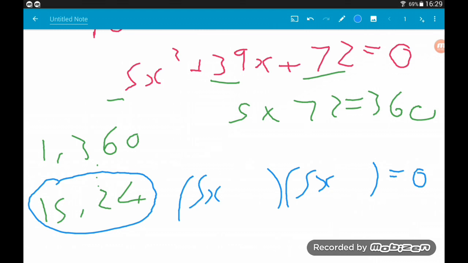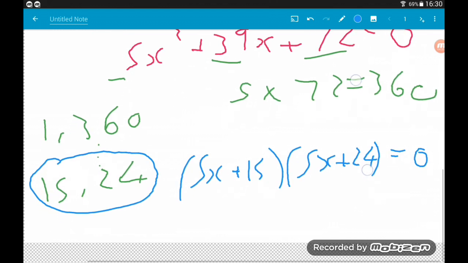So what we do now, we plonk in each of these 2 numbers that we've got, so 15 and 24, inside of each bracket. So we're going to have 5x plus 15 times 5x plus 24. Now that's obviously not right at the moment because, well, first of all, if we did 5x times 5x, we would get 25x squared and not 5x squared as we want.